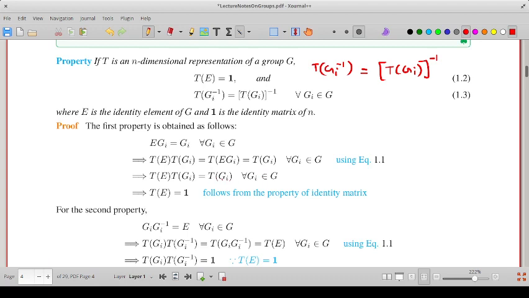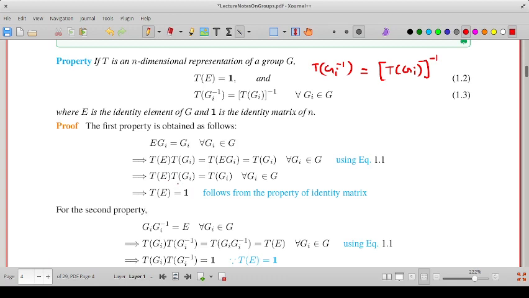And this is possible only if Te is the identity of the group of Tgis.